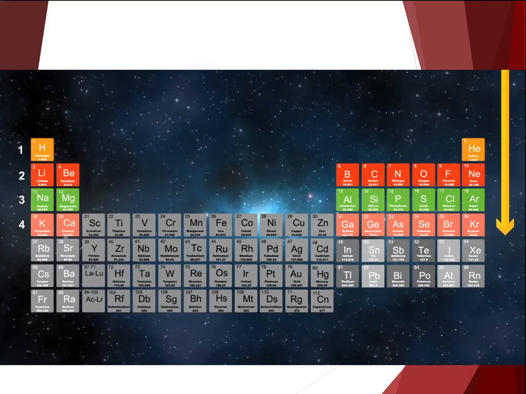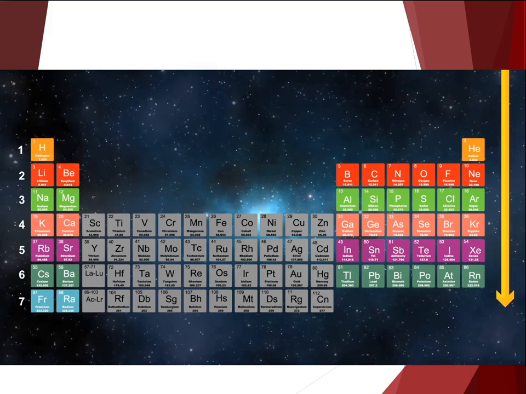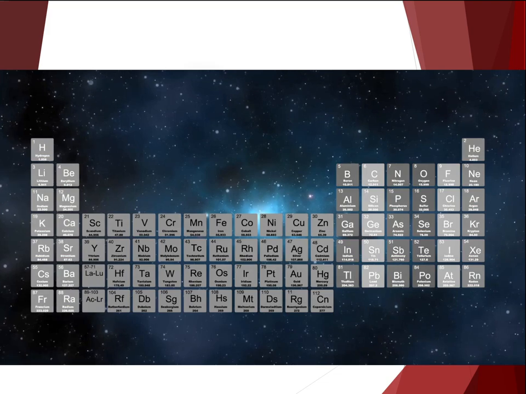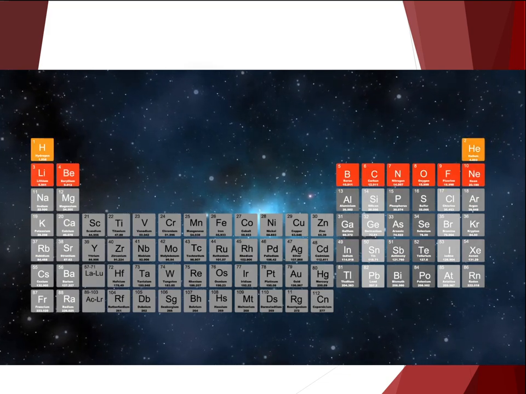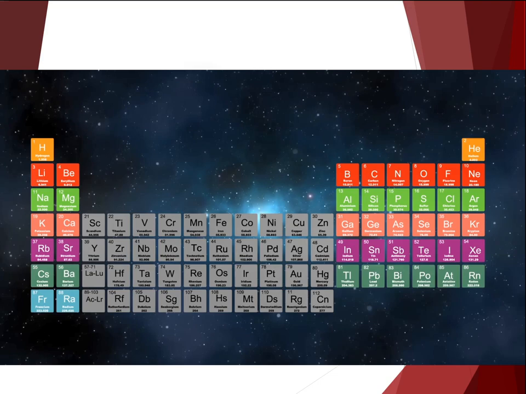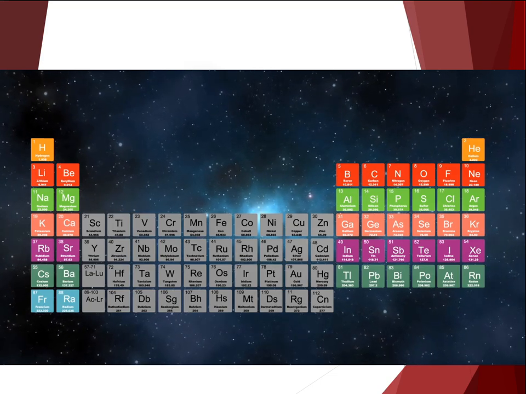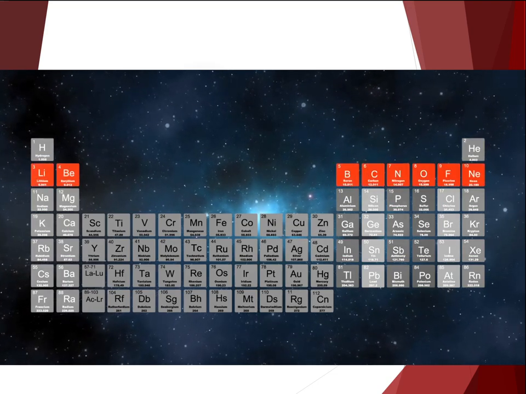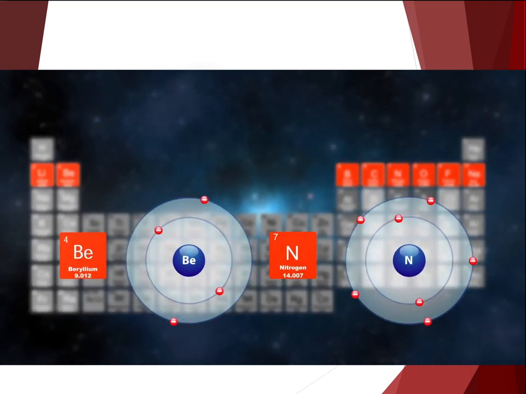Rows are called periods. They run from left to right. Each element in the same period contains the same number of electron shells. In period 2, all the elements will have 2 shells.